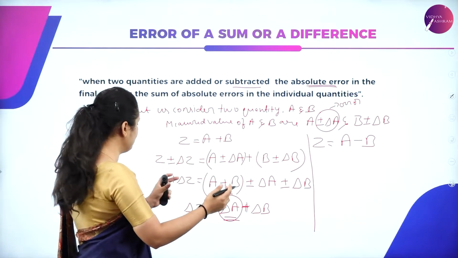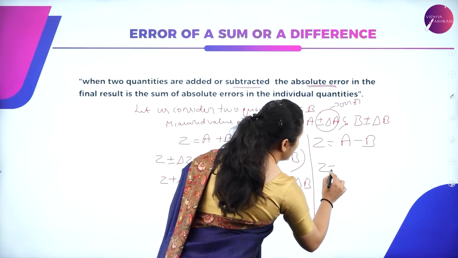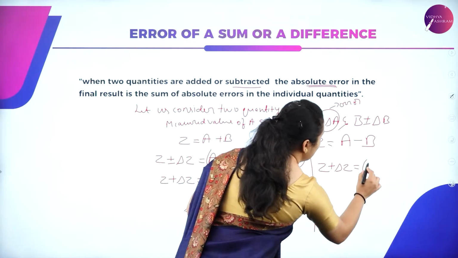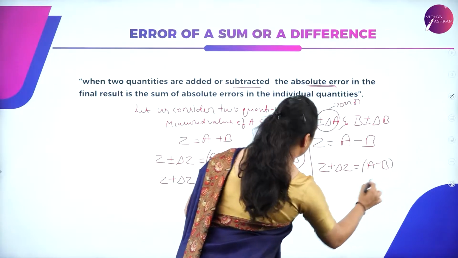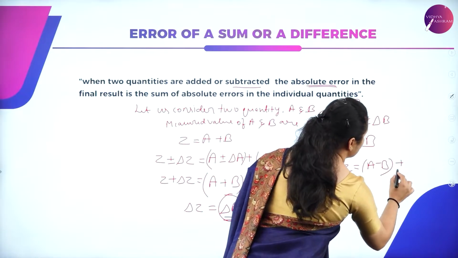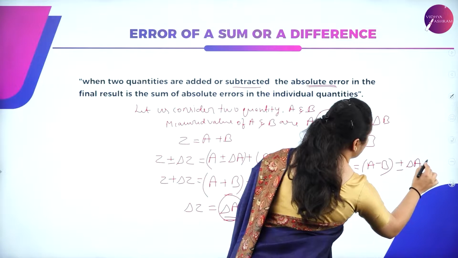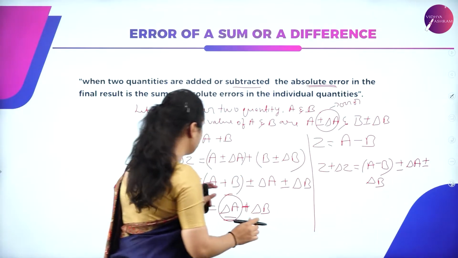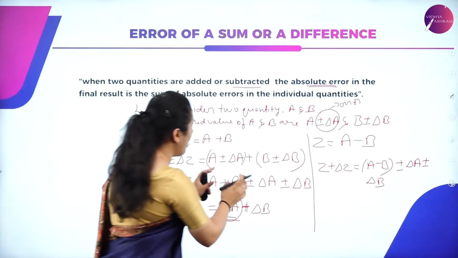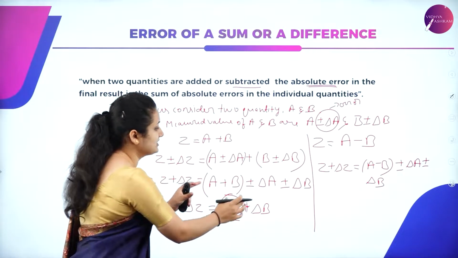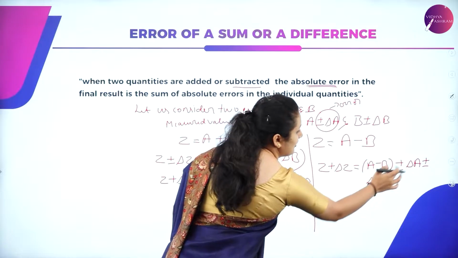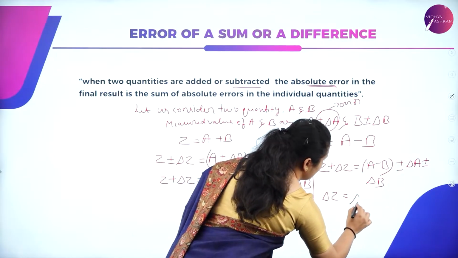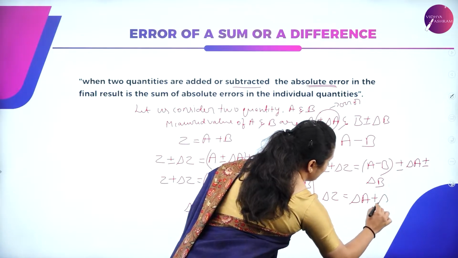For the difference, it will be Z plus delta Z is equal to A minus B plus or minus delta A plus or minus delta B. You can see, either you subtract or you add the two quantities, the error will be the sum. Again you get delta Z is equal to delta A plus delta B.